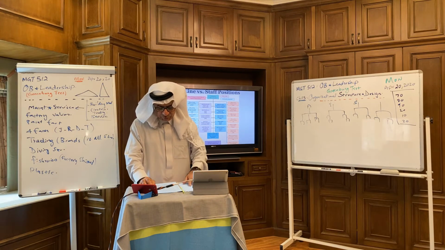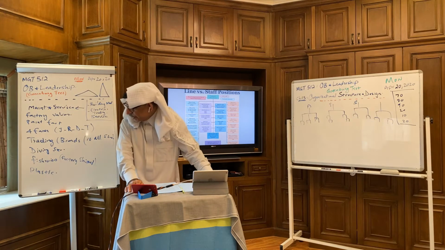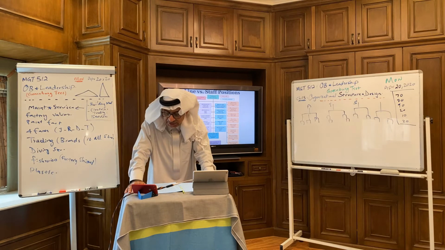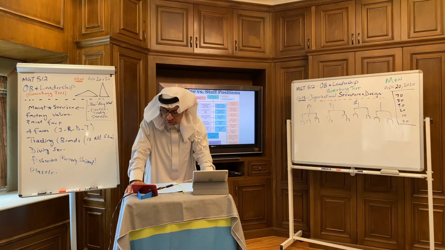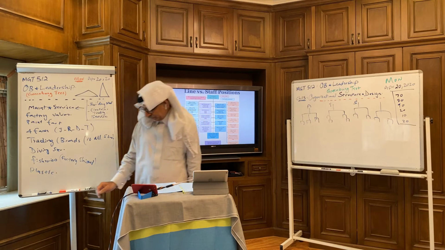While a staff position is a position in an organization in which people make recommendations to others, but are not themselves involved in making the decisions concerning the organization's day-to-day operation.